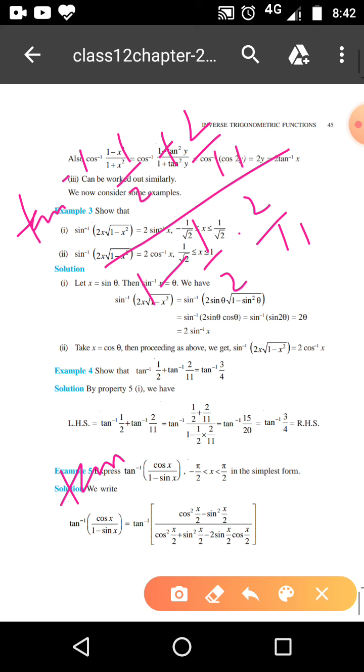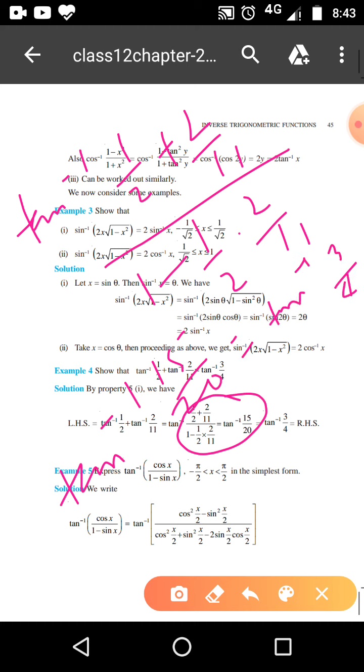After solving we get tan inverse 15 by 20, and this is nothing but tan inverse 3 by 4. So this is your RHS.